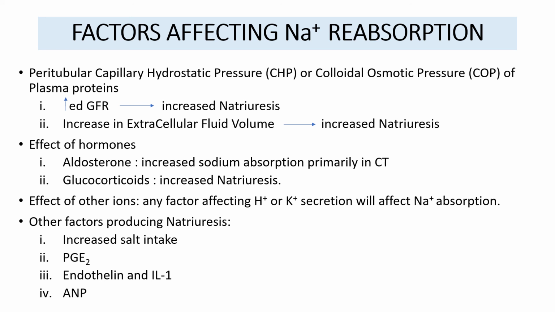Effects of hormones responsible are aldosterone and glucocorticoid. Aldosterone increases sodium absorption primarily in the CT. There is no role of aldosterone in the PCT or in the loop of Henle. Glucocorticoids also increase natriuresis. Effects of other ions: any factor affecting sodium, potassium and hydrogen secretion will affect sodium absorption in the DCT and the CT.